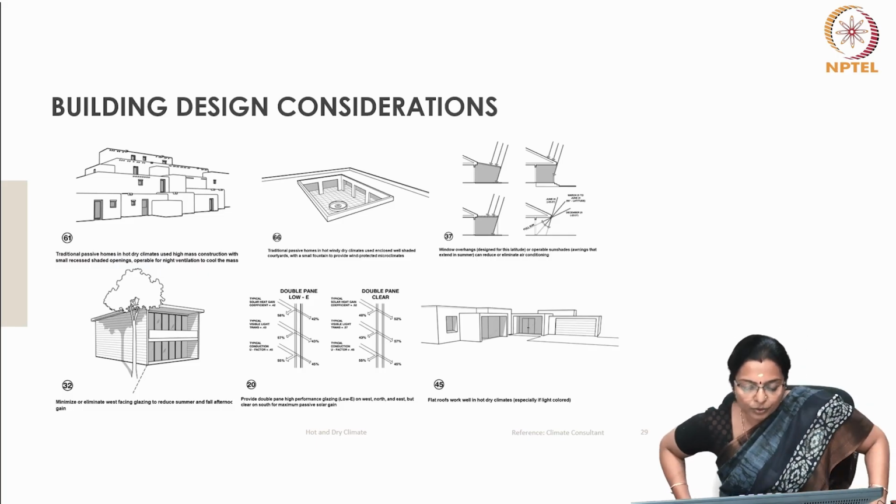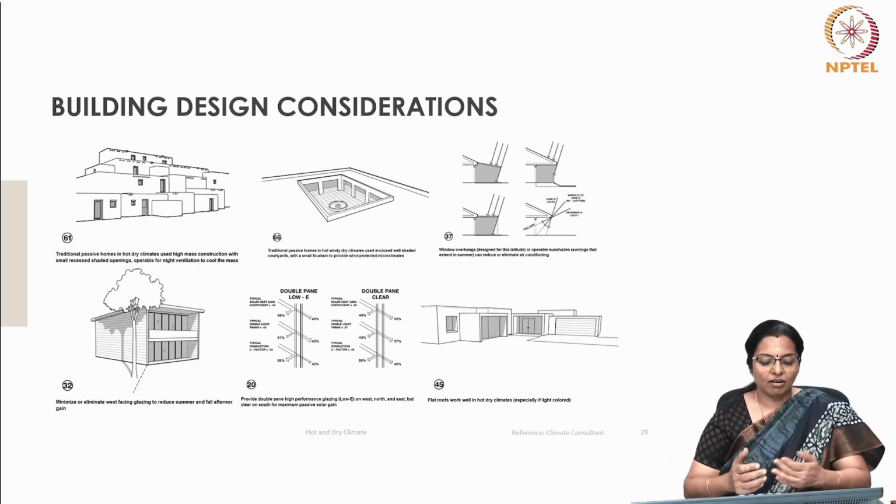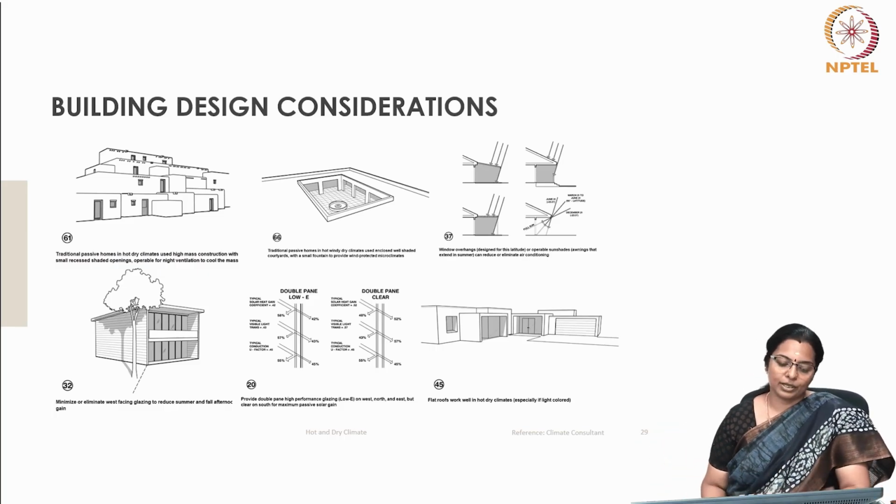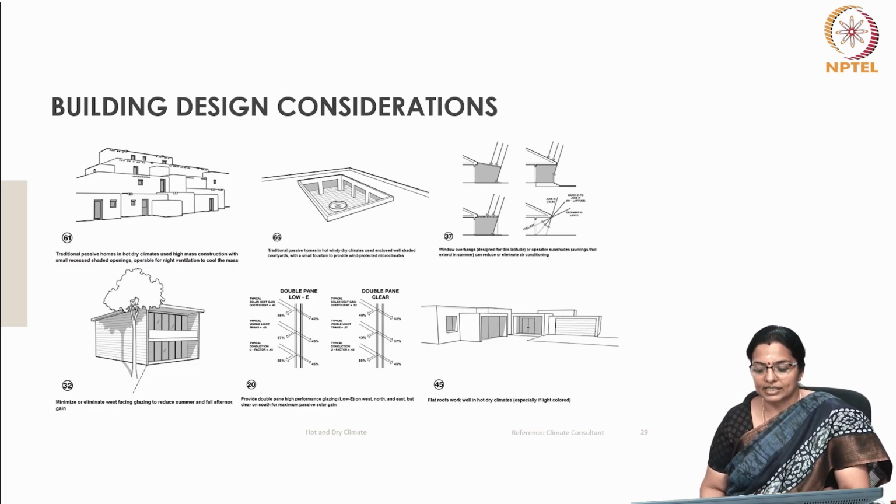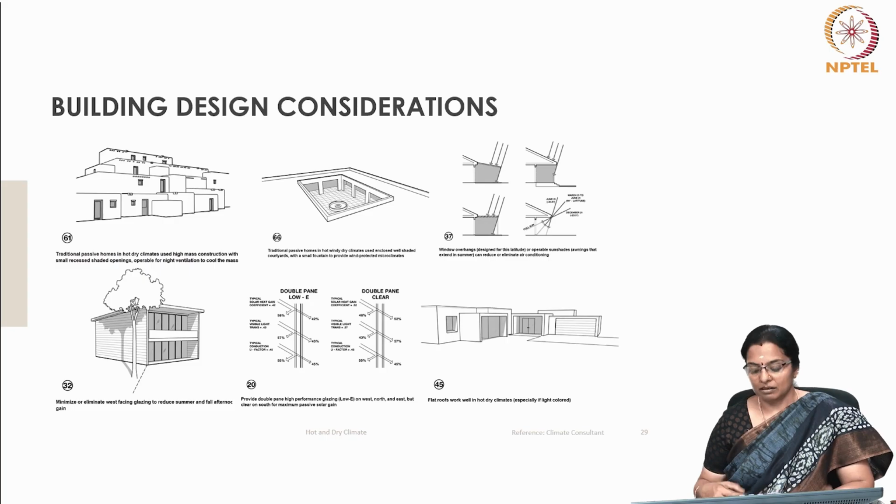facing glazing to reduce summer and afternoon heat gain is important. Double pane high performance glazing can be used, and flat roofs are very common, especially with light color, because there is no heavy precipitation.